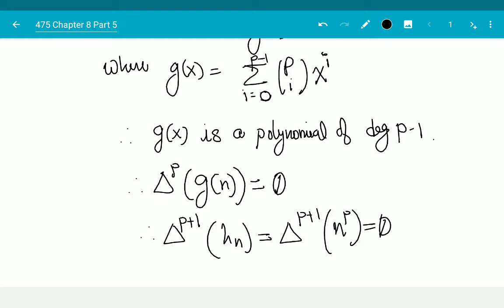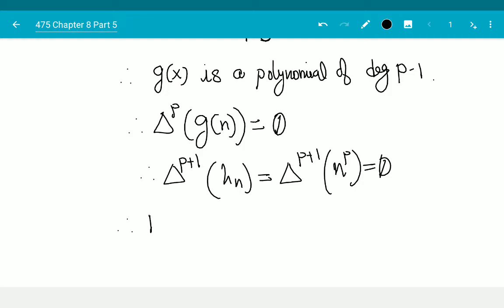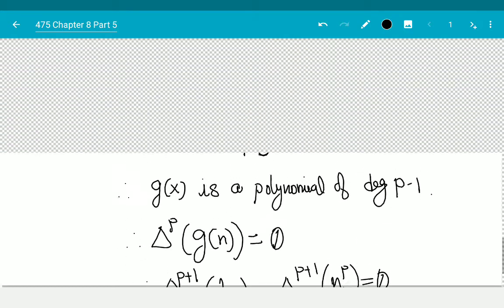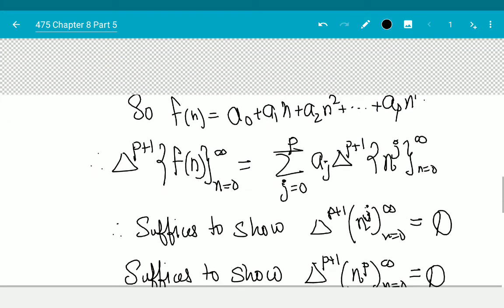The 0 sequence. And therefore, by induction, delta to the p plus 1 of f of n is equal to 0. Okay, and so that shows me that if my polynomial has, wait, did I call it f of n? Did I name it something else? What was f?